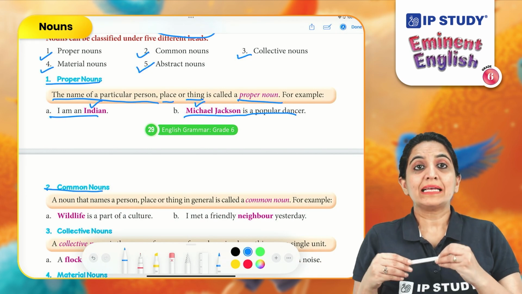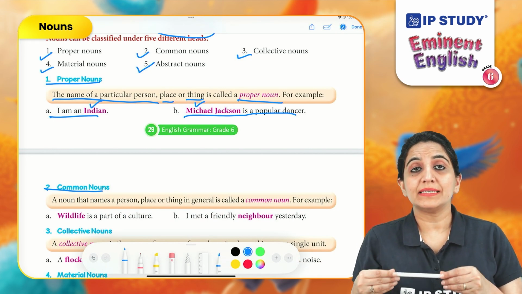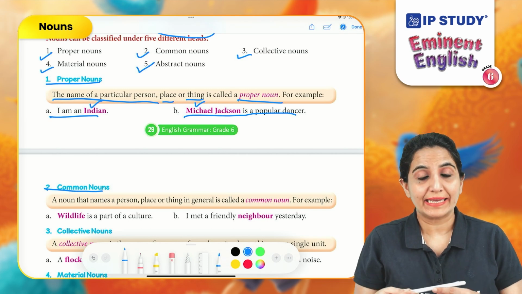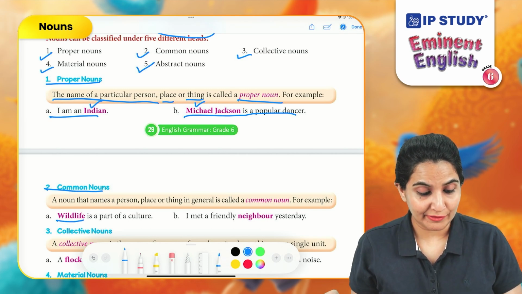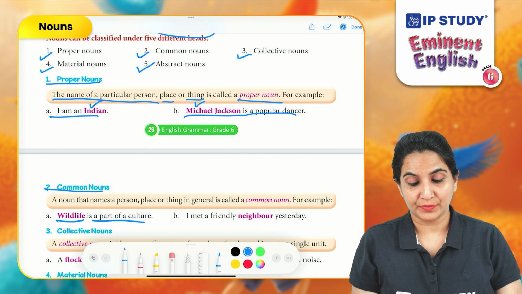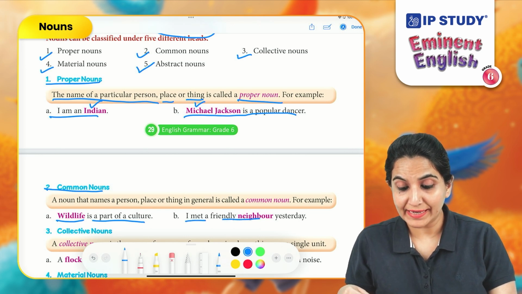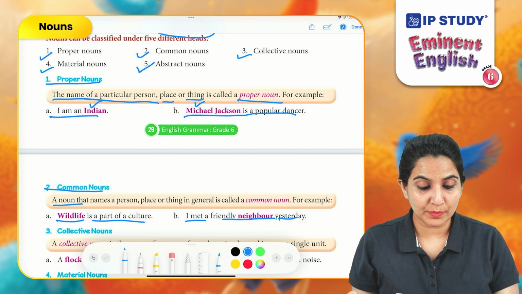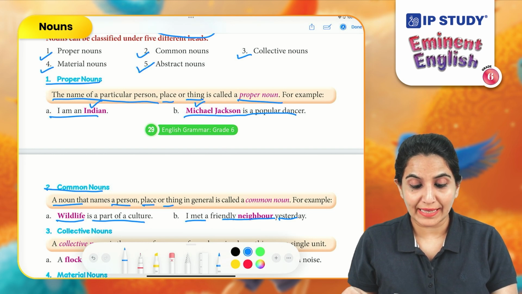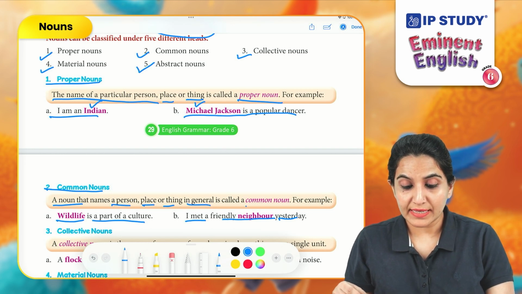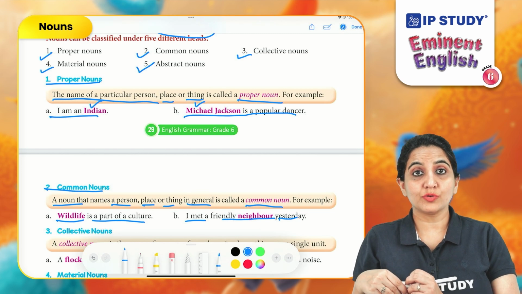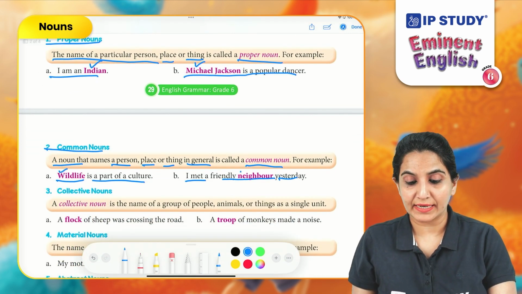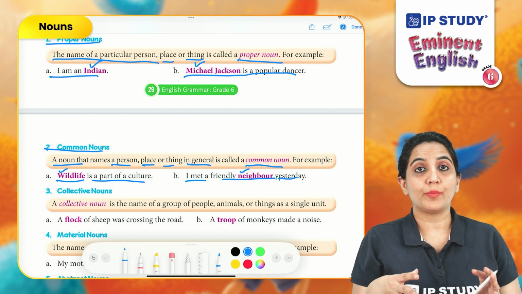Common nouns. Common nouns name the person, animal, place, or thing in general. Like wildlife is a part of a culture. I met a friendly neighbor yesterday. So, a noun that names a person, place, or thing in general is called a common noun. In these two sentences, wildlife and neighbor are common nouns.